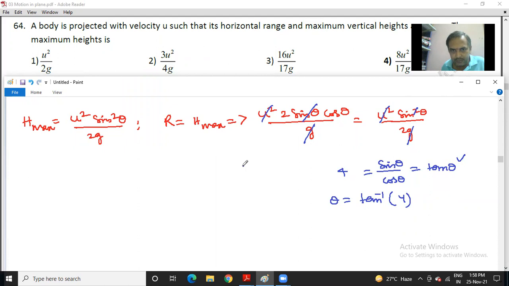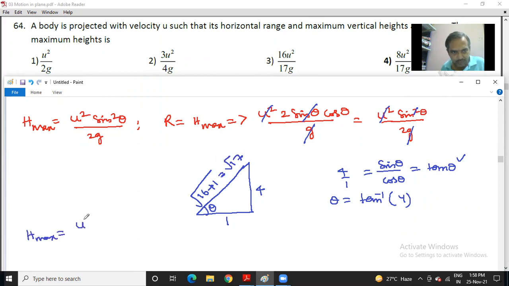How? Take a right angle triangle. Tan theta equal to 4 means opposite is 4, adjacent is 1. So this is theta. So hypotenuse, making use of Pythagoras principle, will be 16 plus 1, root 17.